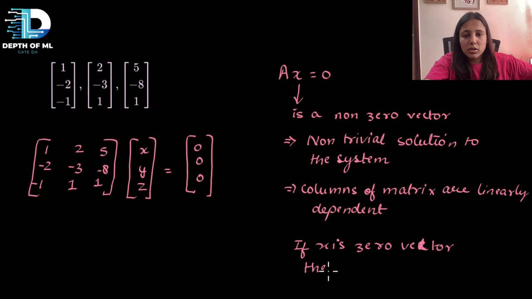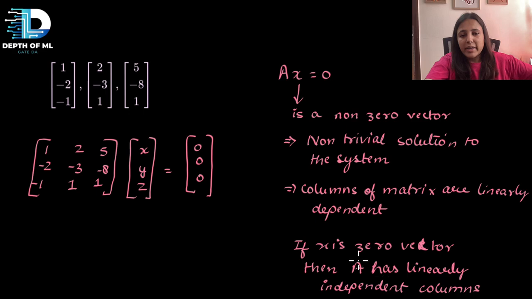If x is the 0 vector, then we can say that A has linearly independent columns. Why can I say that?